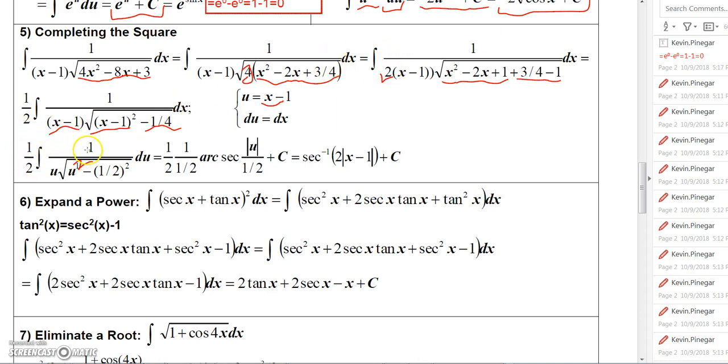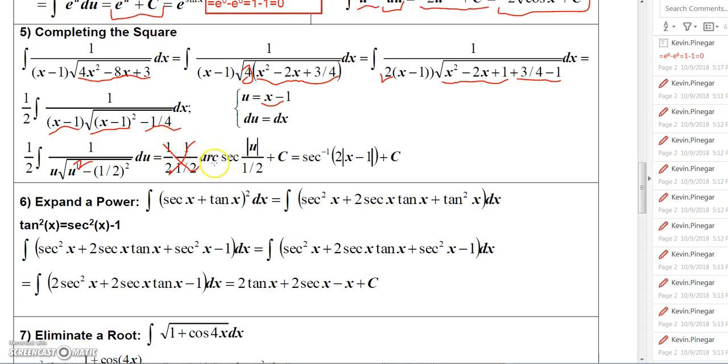So pull the 1/2 out here, and I have 1/2 times the integral of 1 over u times the square root of u squared minus 1/2 quantity squared. And we learned earlier that this integral integrates to 1 over a, and a is a half, arcsecant of the absolute value of u over a. If we simplify this, 1/2 times 2 is just 1, so those cancel out.